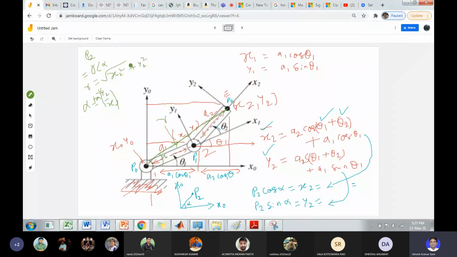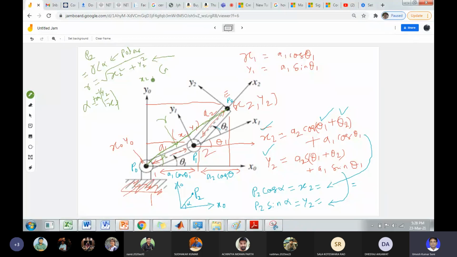Which type of coordinate is this? This is the polar representation, and this is x2 y2.